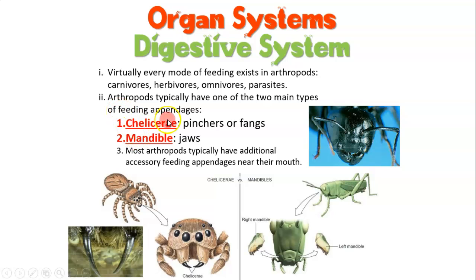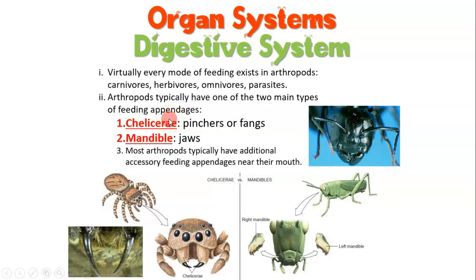They have chelicerae. Think of the fangs on a spider; down here you can see these are the chelicerae of the spider. There's a close-up image. Chelicerae are when an animal has pincers or fangs. Centipedes also have chelicerae.